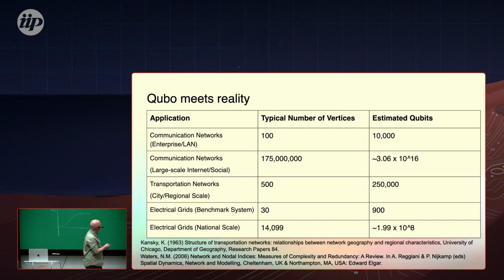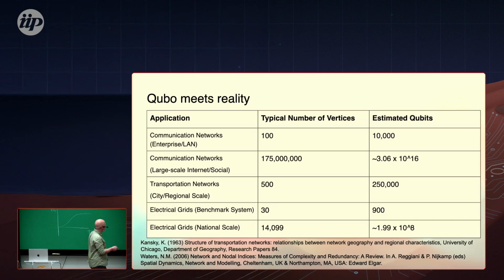For communication networks, supposing, for example, the internet or even social networks, for attacking a problem with 175 million nodes, you would have an enormous number of qubits that, of course, we don't have at hand.